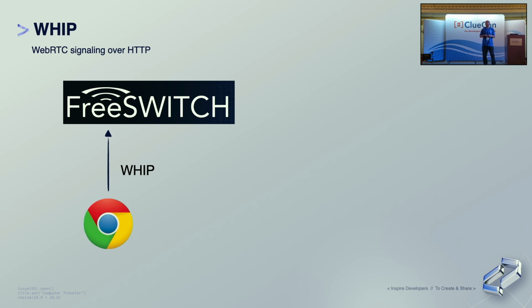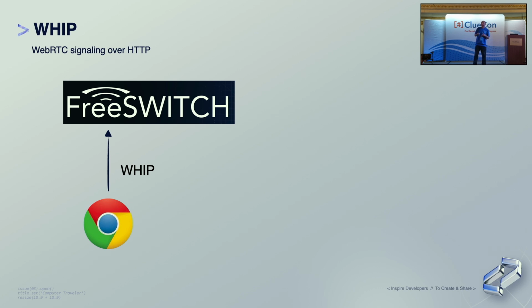Another protocol is called WHIP. Does anyone know about WHIP? WHIP is a kind of WebRTC protocol. WebRTC is media only, but if you want to join something, you need a signaling protocol, either SIP or whatever. WHIP is just WebRTC signaling over HTTP. So you can make an HTTP port and send your SDP from the browser to FreeSWITCH, then it will make a call.